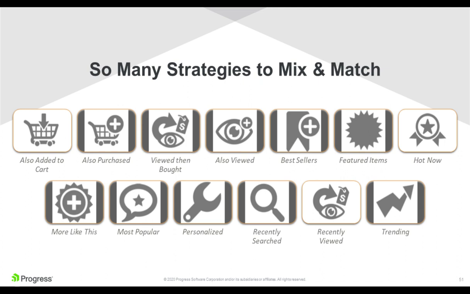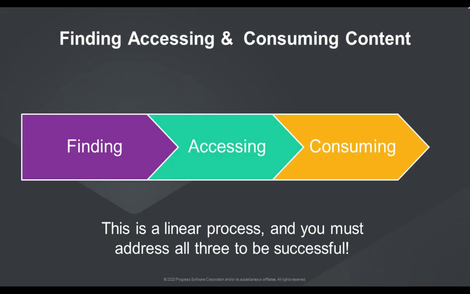You can get to previously searched content. So you're starting to see that this will impact an entire aspect of customers coming to your site that traditionally we just don't pay attention to, because we think that it's all about finding, accessing, and consuming content. But it's not as linear as that. It's not as simple as that. And we must address all 3 to be successful.